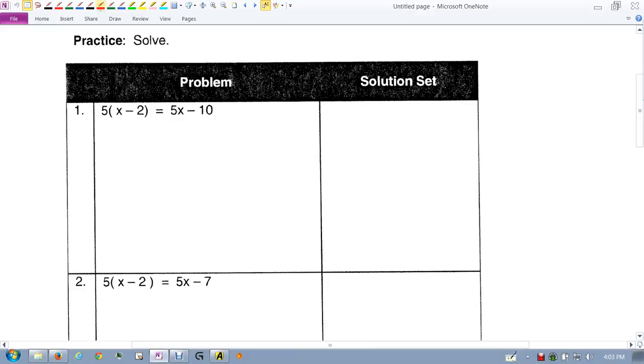All right, let me work through this one quickly, all right? I'm going to first distribute. I distributed my 5 through the left side, and I got this. Now what? Get all your x's on one side? Well, as long as the end statement that you have makes sense.